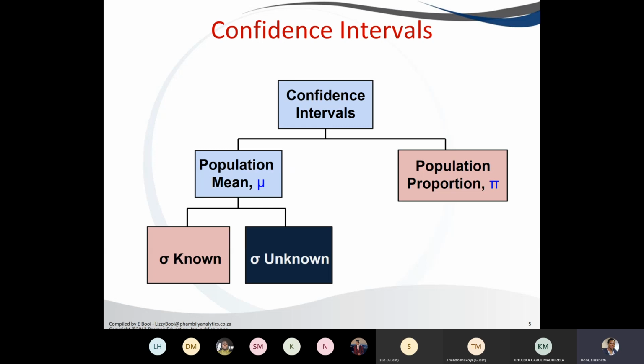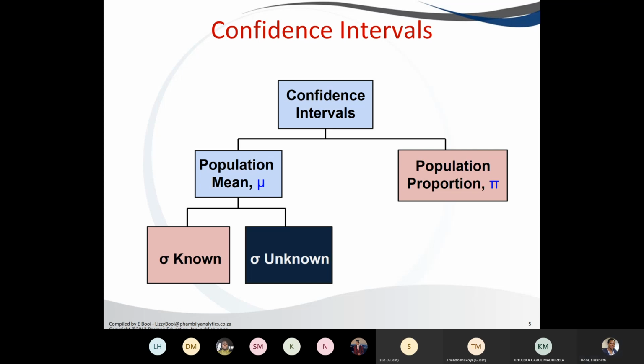When the population standard deviation is known, we're going to use the Z table to go find the critical value. When the population standard deviation is unknown, it means they give us the sample standard deviation, we're going to use the T table. And for the proportion, we continue with the Z table.